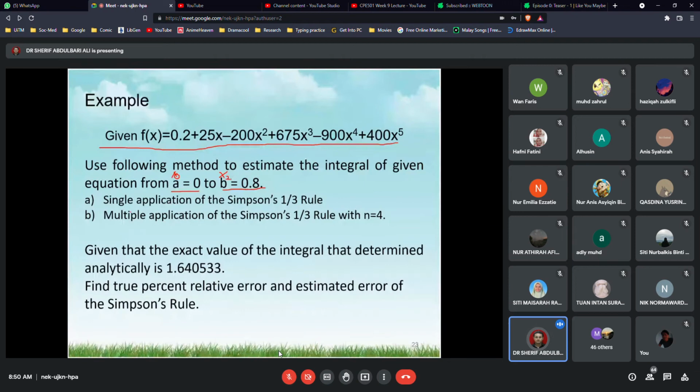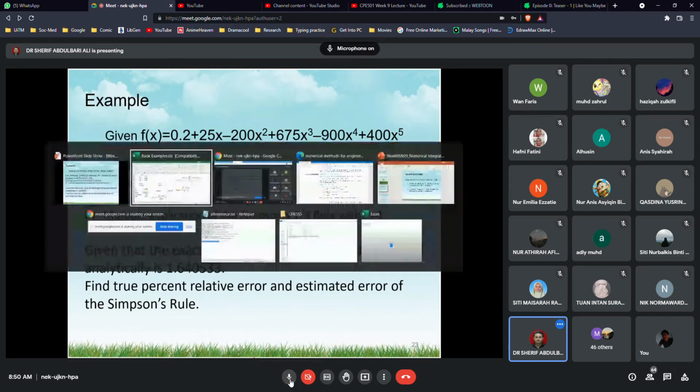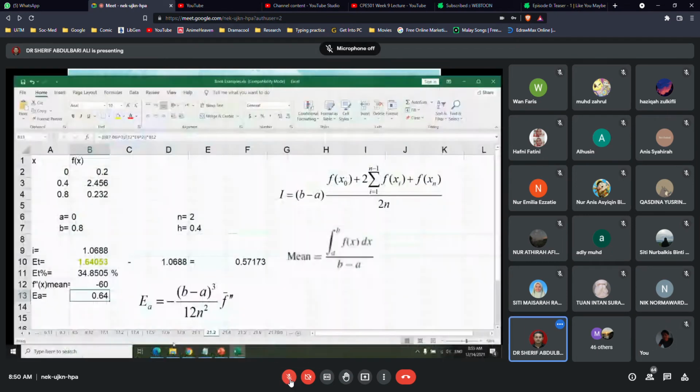The first one is using a single application of Simpson 1/3. So a single application of Simpson 1/3, how many points? 3 points.